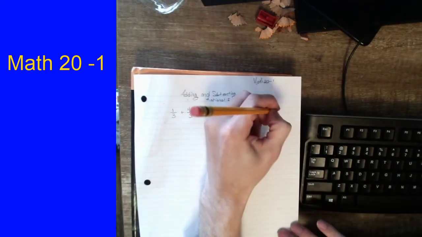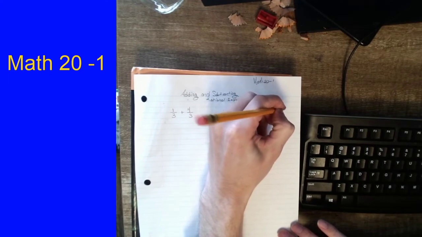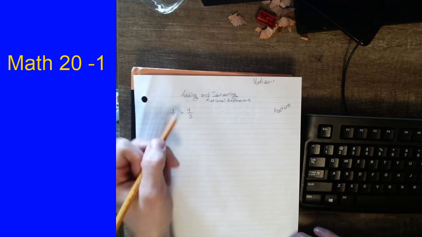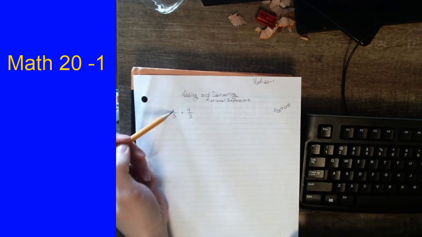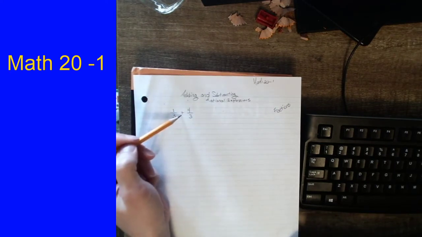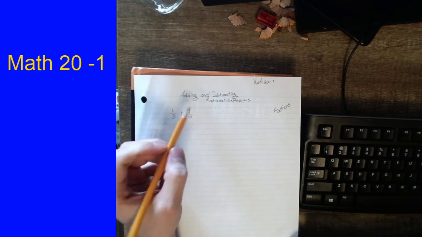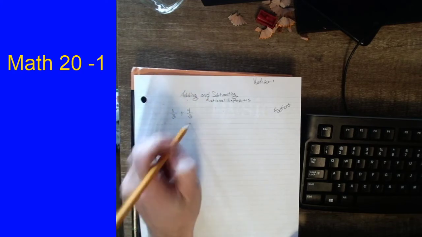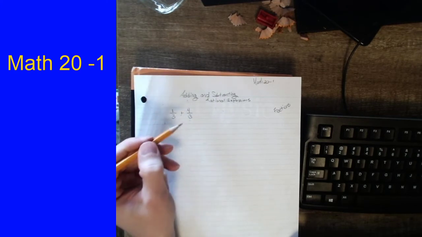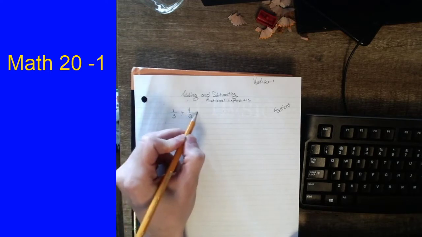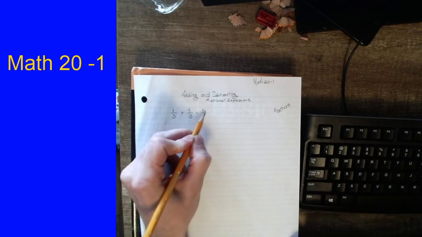So, for fractions, less complicated rational expressions, we can add these together. The key idea being the denominators are the same. 1 plus 4 is 5.